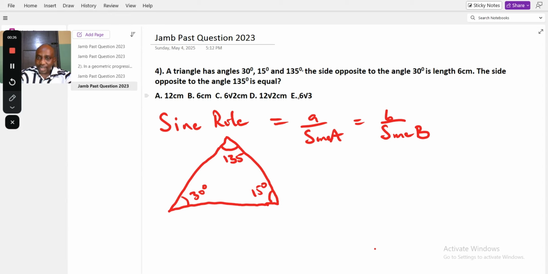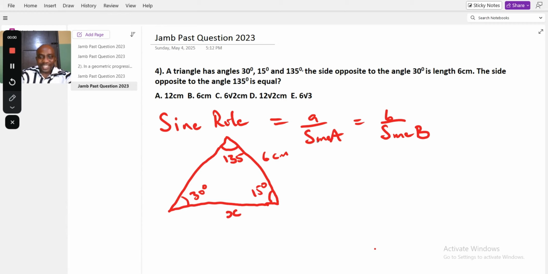The question said that the side opposite to the angle 30 is 6 centimeters. Opposite to 30, it will be here, 6 centimeters. And the one opposite 135, we don't know yet, so we can put x there.